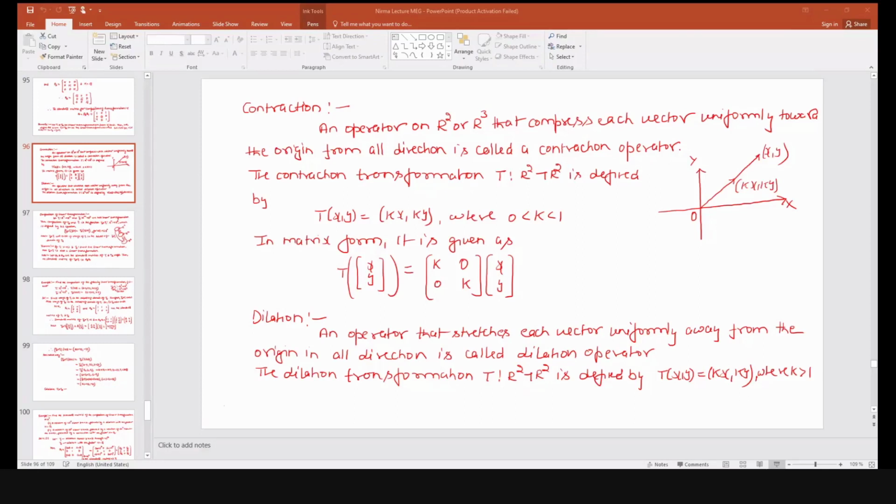Rm is also the domain of T2. So the range of T1 is a subset of the domain of T2. Then the transformation T2 o T1 will exist, which is from Rn to Rp.